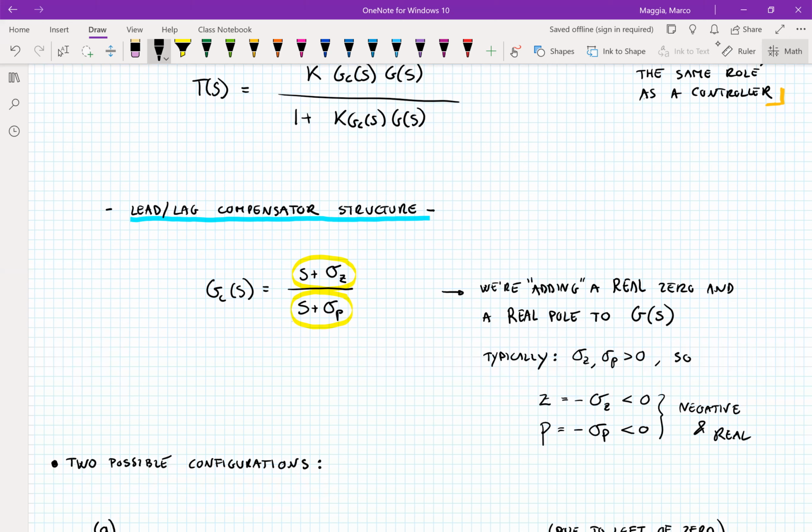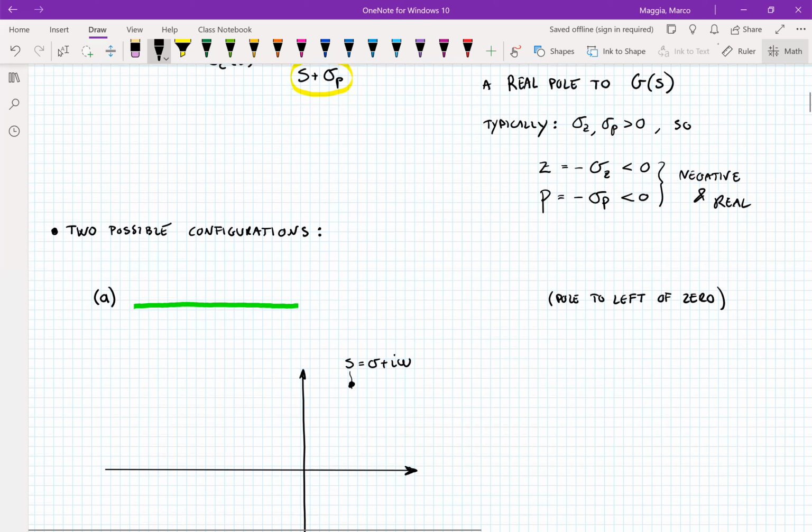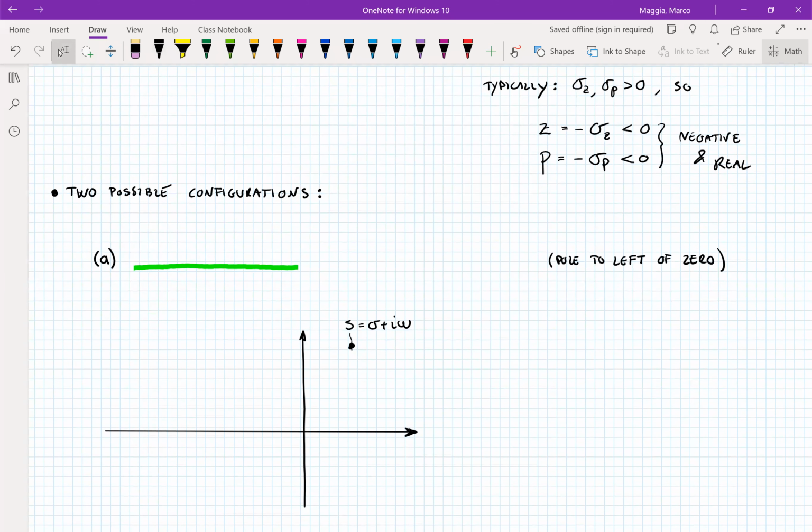So why are they called phase lead or phase lag compensator? Well, it will be clear next week, but I will describe this feature right now. When we use a lead compensator or phase lead compensator, the response of the compensated system will be shifted in terms of phase forward.